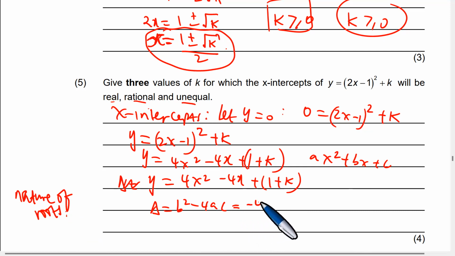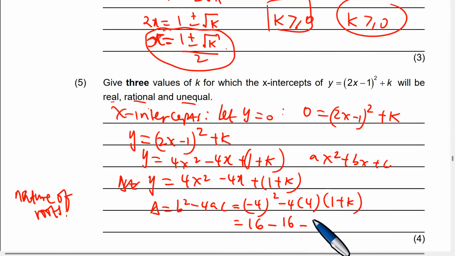So b squared, which is minus 4 squared, minus 4a, which is 4, times c, which is 1 plus k. If you square minus 4, you get 16 minus 16k. 16 minus 16 is 0, giving us minus 16k.